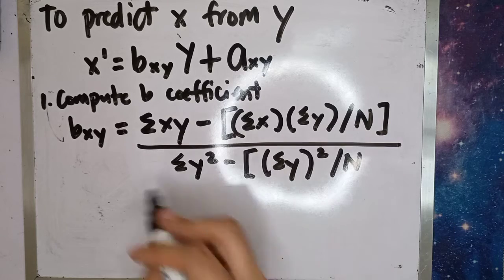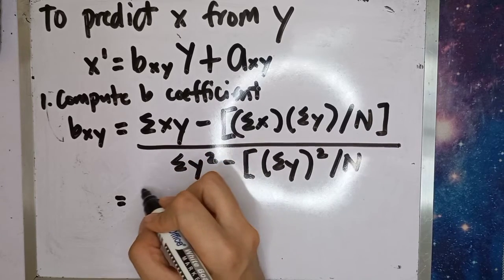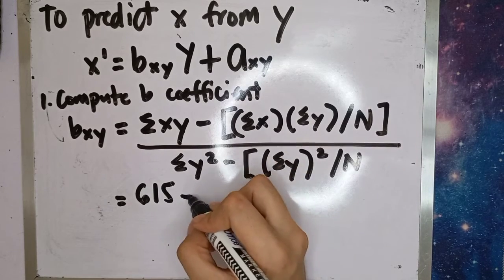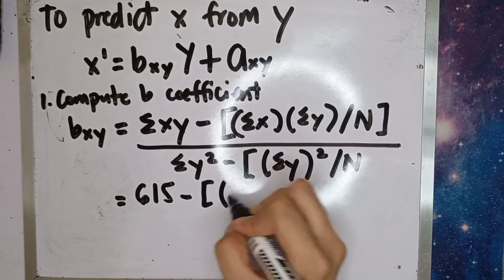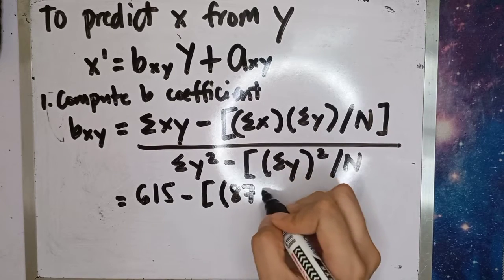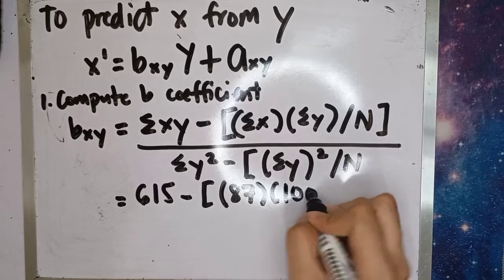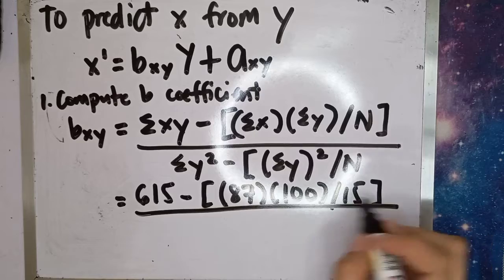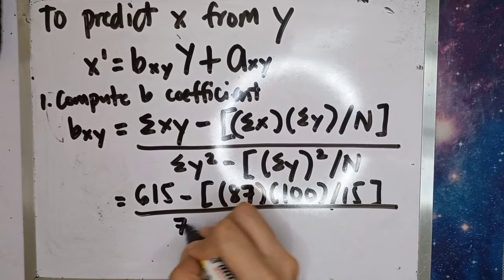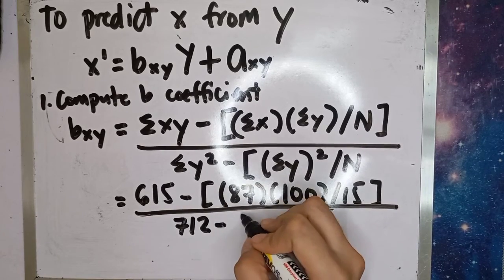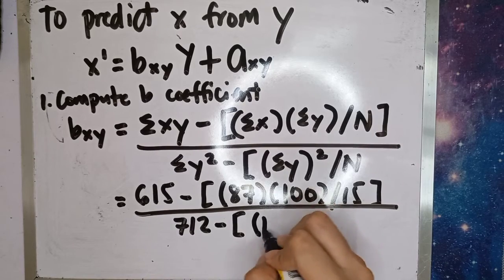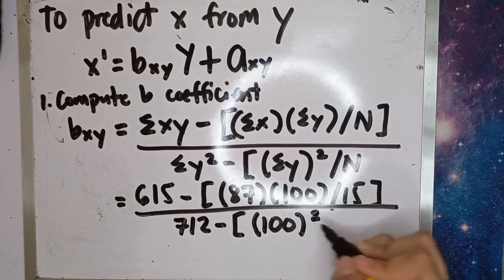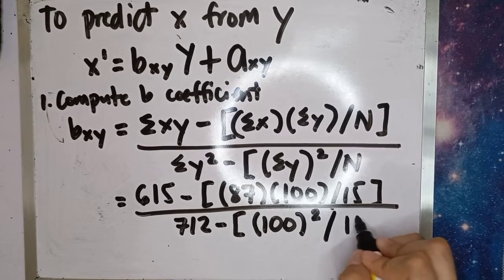I-substitute na natin ang mga value. 615 minus 87 times 100 over 15, over summation of Y squared natin, 712, minus 100, which is summation of Y natin, i-square natin yon, then over n, which is 15.